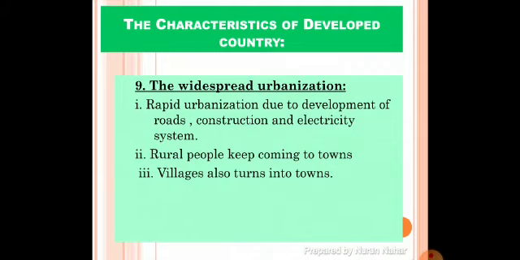Rural people keep coming to towns from villages. Not only that, villages are also turned into towns. In this way, widespread urbanization is possible in the developed countries of the world.